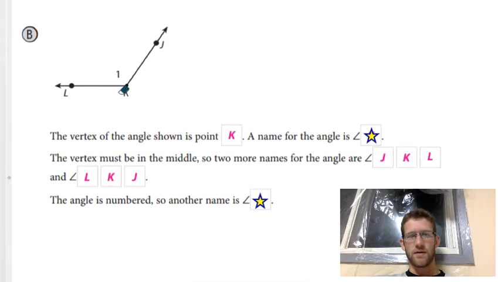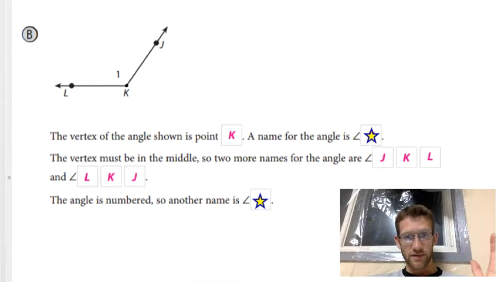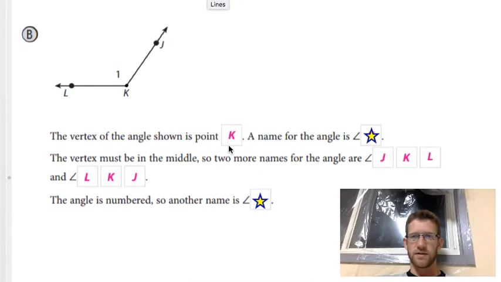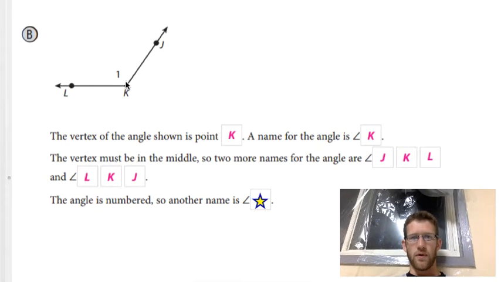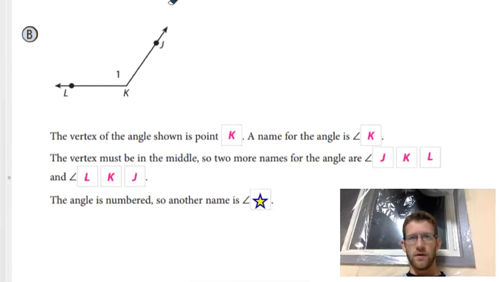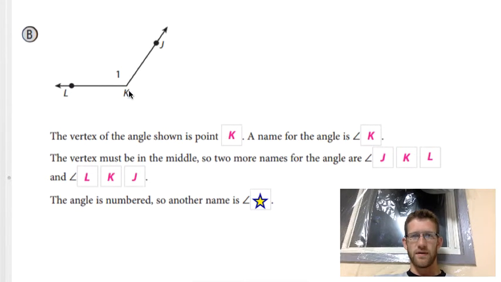Another name we could use, and this only works if there's one angle that uses point K as a vertex, is to just call it angle K. For the most part, we're not going to imagine other angles here. We'll just call this angle K. The angle is also numbered, so another name for that angle is angle 1, because there's a 1 there.